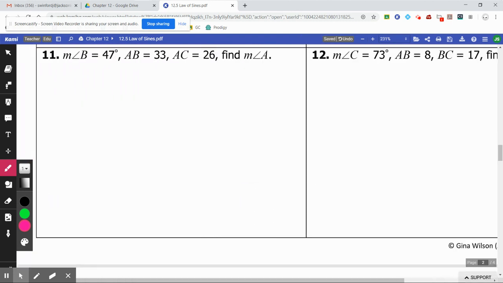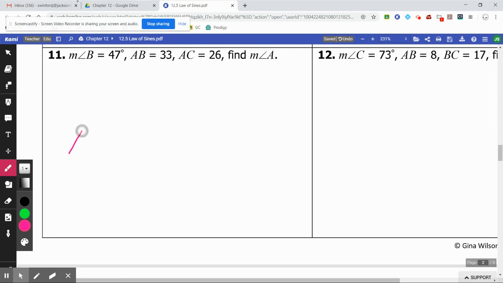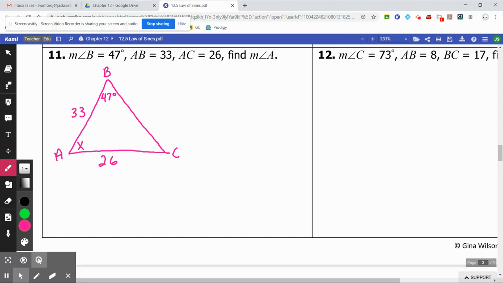Okay, I believe we got two more problems. You draw another triangle, ABC. I have that the angle B is 47 degrees, AB is 33, AC is 26, and we're asked to find the measure of angle A. Now, I've already got some issues here.